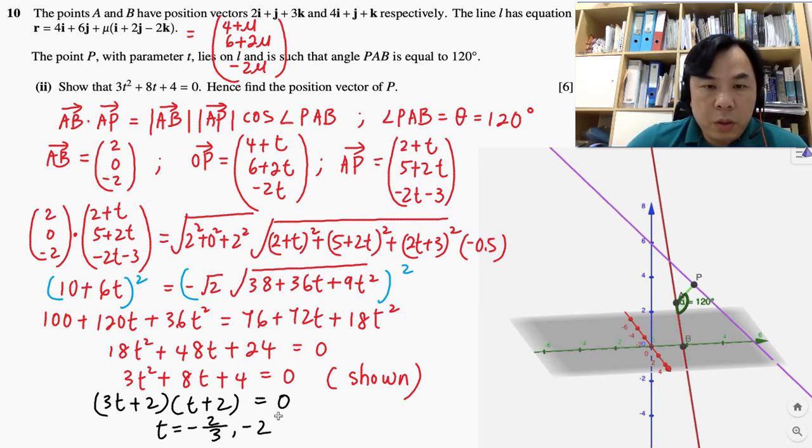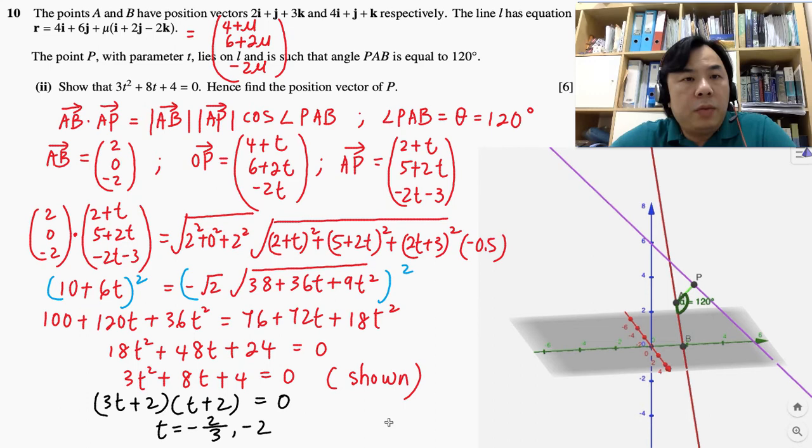So from here, all you need to do is just substitute this value back into either one of these formulas. So the formula that I'm referring to would be the OP would be this, or the OP would be this for the value of t equal to negative 2 over 3 or negative 2 here.